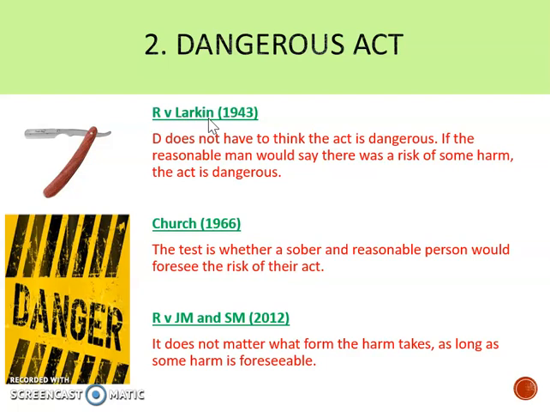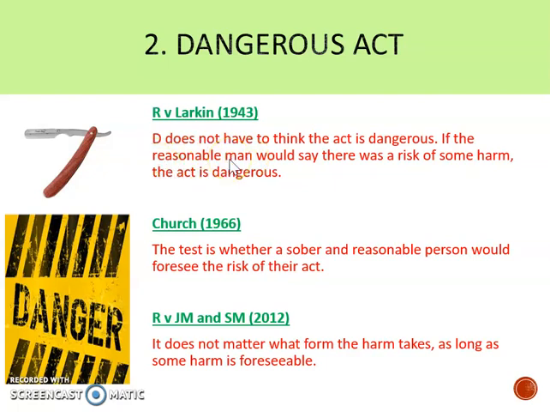Now, he was charged with unlawful act manslaughter and his argument was, well, he shouldn't meet requirement 2 because he didn't think threatening them with the razor was dangerous because he never intended to lash out with it. He was just trying to scare them. But the court rejected that and they said that the defendant doesn't have to think the act is dangerous. It's what the reasonable man would say.